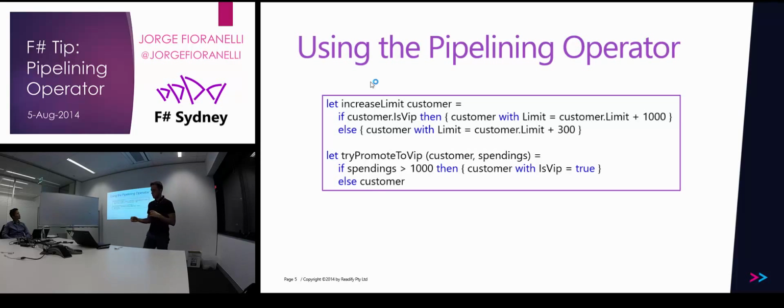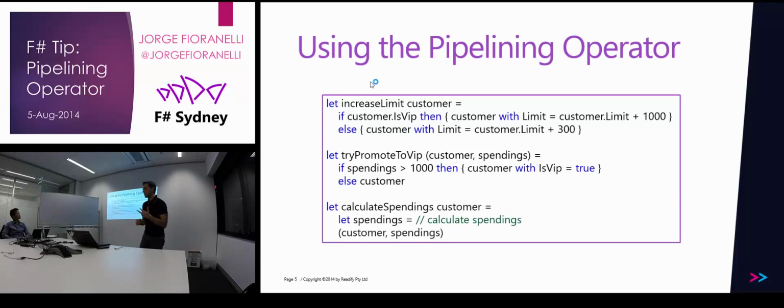Otherwise, we won't. And the third and last function that I need for this exercise is a function that calculates the spendings. We don't care how we do it, but we return, and what we return is always the last line, a tuple with the customer and its spendings.